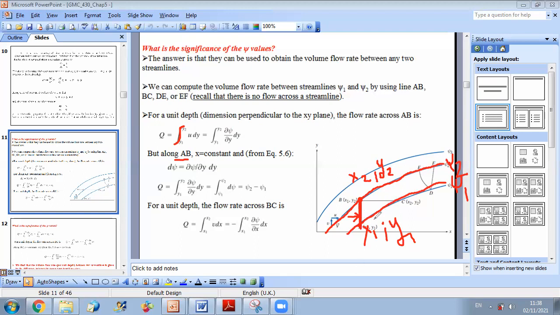So here you will get the value in meter square per second, which is a flow rate per unit depth, we say. Because it's meter cube per second over meter, so it's per unit depth. So the flow rate per unit depth here is calculated as integral u times dy.